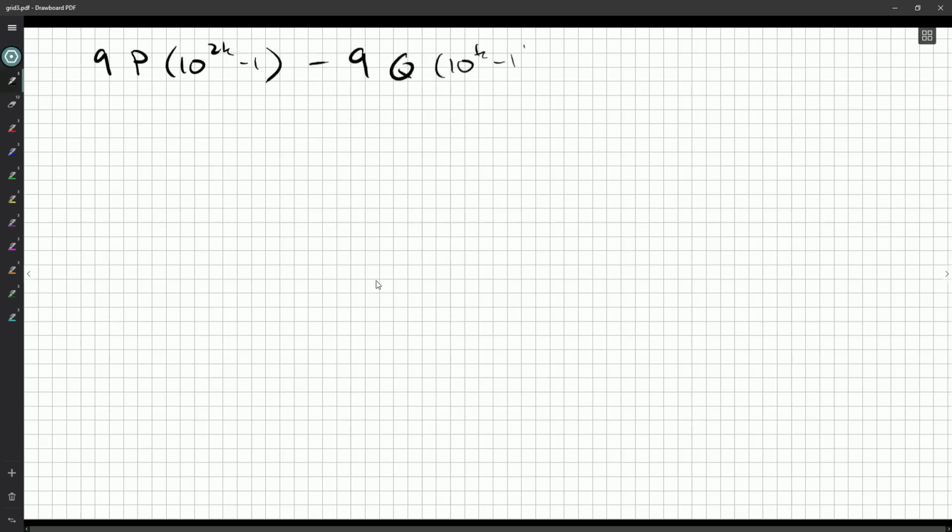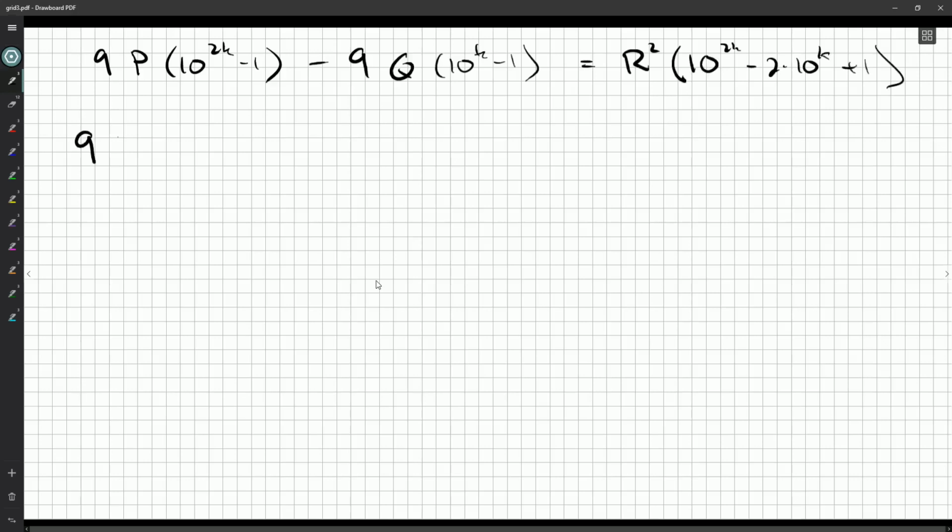10 to the k minus 1, and that's equal to r squared times 10 to the 2k minus 2 times 10 to the k plus 1. Which, I guess actually we could... So I'm going to pull a 9 out of here.